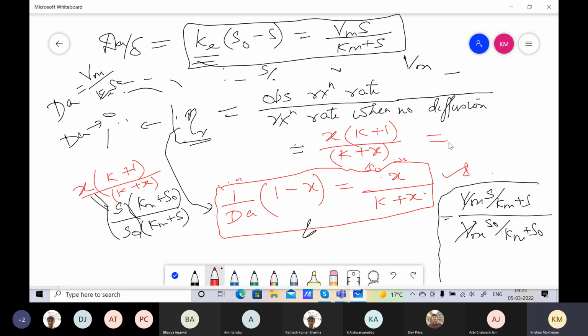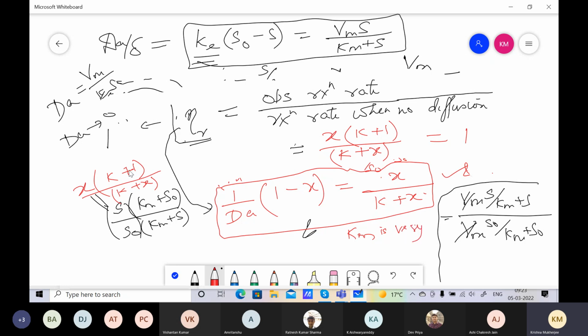Suppose kappa is 0. So 1. You see, as kappa goes to 0, this goes to 1. This is the argument about the fact that Km is very small, so it is not impacted.